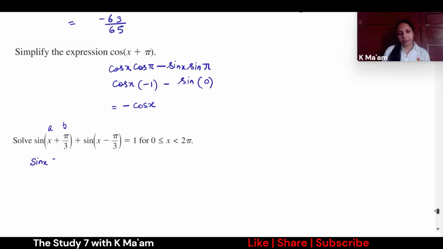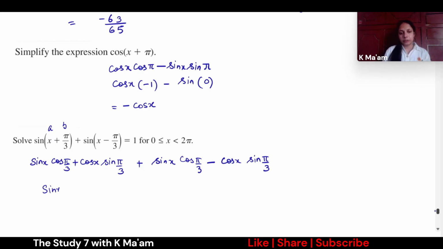Sin A cos B plus cos A sin B plus sin A cos B minus cos A sin B equals 1. It says solve. Okay, let's see.